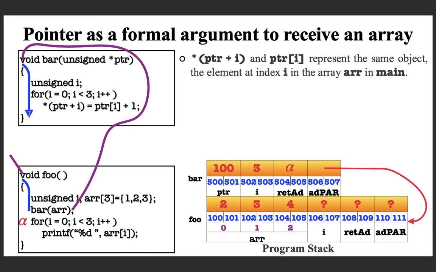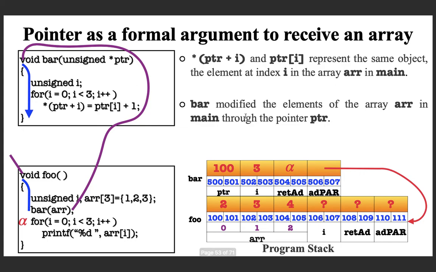Now, you are going to return, that means this particular activation record will be taken out from the stack, and you will return to alpha, because alpha is here. Note that the function bar modified the elements of ARR in main through this pointer.